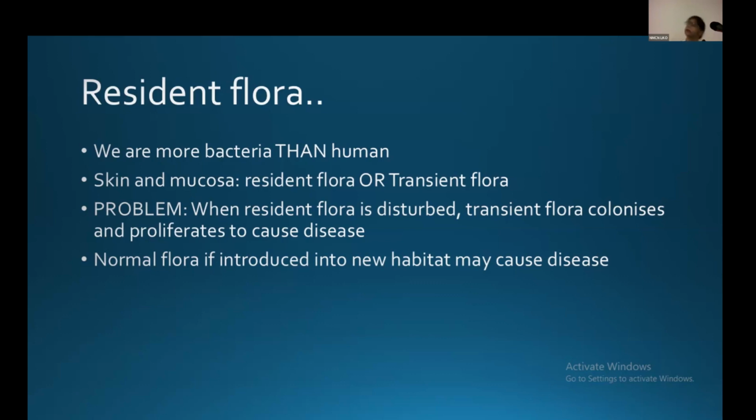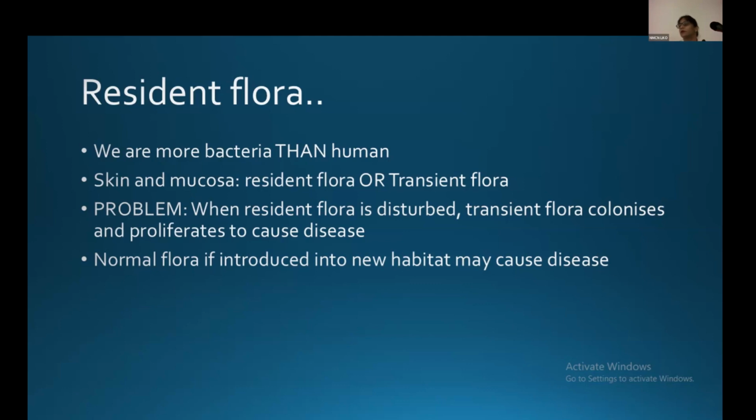So whenever the resident flora decreases or is harmed or disturbed, the transient flora outgrows it. It quickly colonizes and proliferates to cause disease. And this resident normal flora, if introduced into a new habitat, may cause disease. Okay, so an example when the normal flora introduced into a new habitat is causing disease.